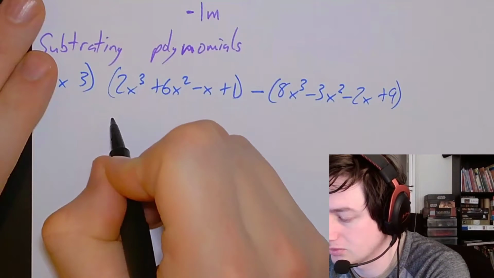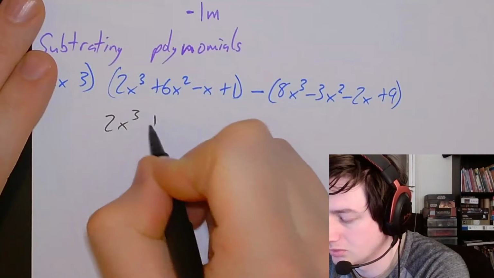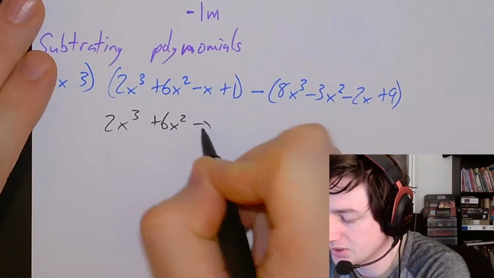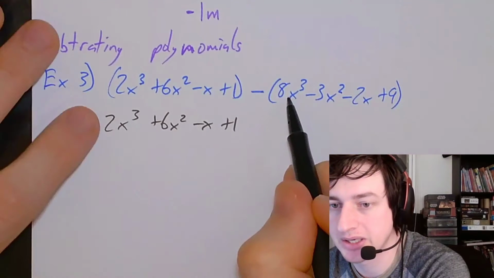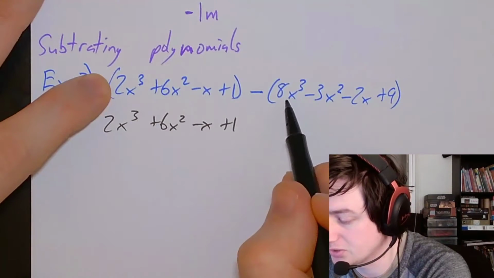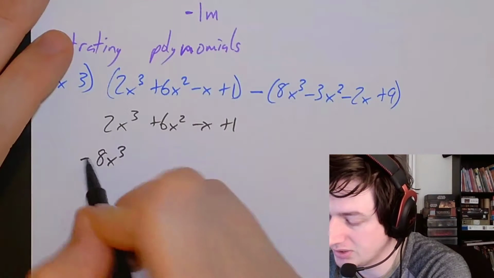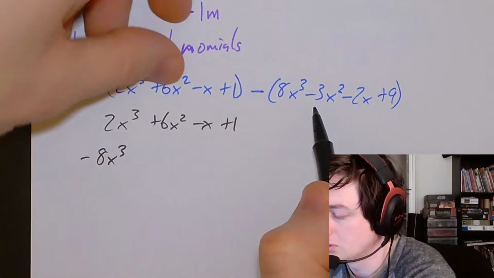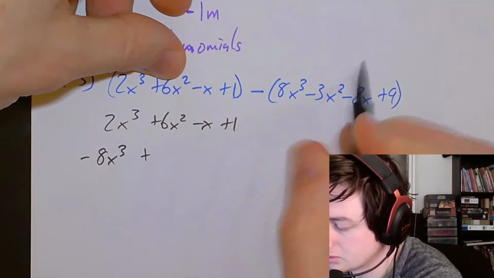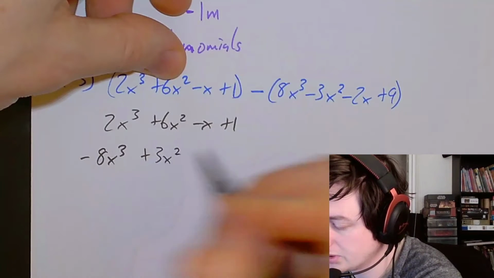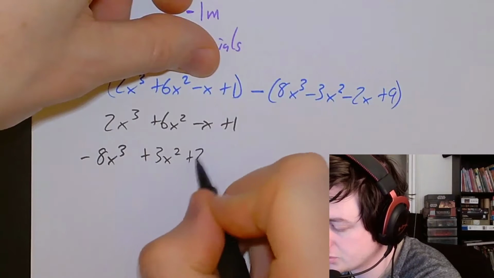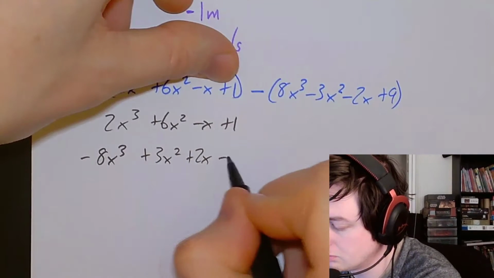But let's do this using the vertical subtraction, minus x plus a 1, and then I'm going to align all the terms, so this becomes 8x cubed, and I'm going to switch every sign, so minus 8x cubed plus 3x squared plus 2x minus 9.